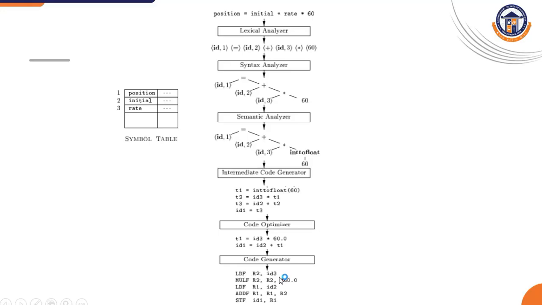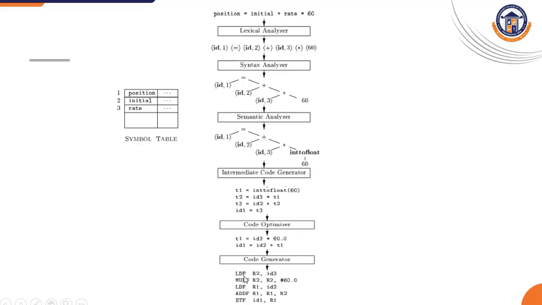In the first instruction, id3 is loaded into register R2. The F denotes that we are performing operations on floating point values. LDF is used to load id3 into R2.